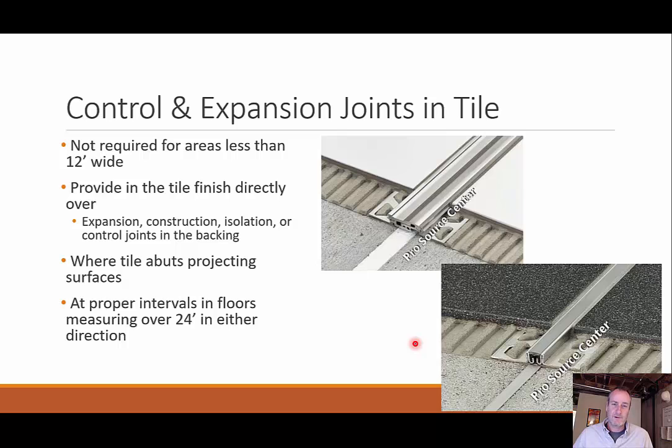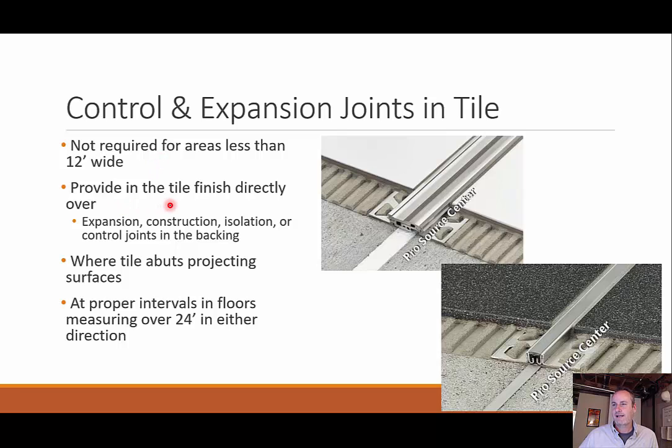So as we've been saying with most of our materials, we have to account for the fact that there could be some movement or some change in length of our materials based on heat and cooling. So we can have these expansion joints. It does say not required for areas less than 12 feet wide, but when I get to the big, longer commercial industrial applications, that's when I need to start being concerned about these expansion joints.